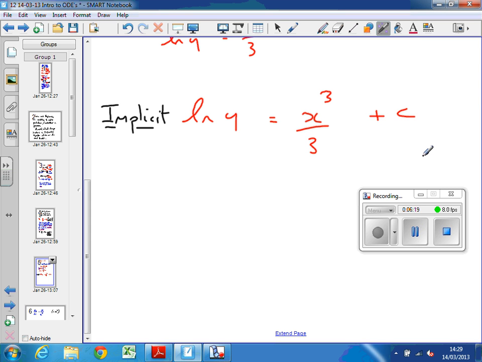I get rid of the log y by taking the exponential, e to the, if you remember. So e to the log y equals e to the x cubed over 3 plus e to the c.